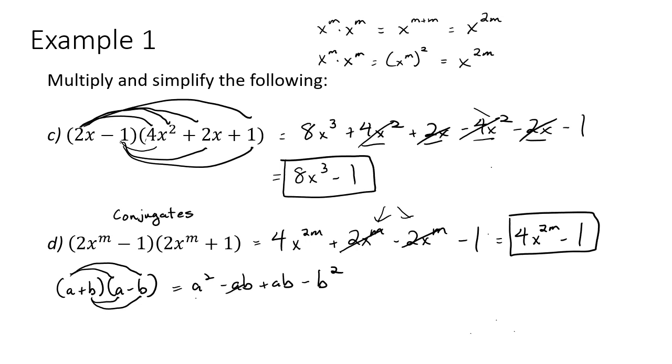So minus b squared. And so the middle terms cancel out, and you'll always just get a squared minus b squared. That's actually a really important concept that we're going to come back to in a little bit, because we're going to take advantage of this to get rid of square roots in denominators in a few minutes.